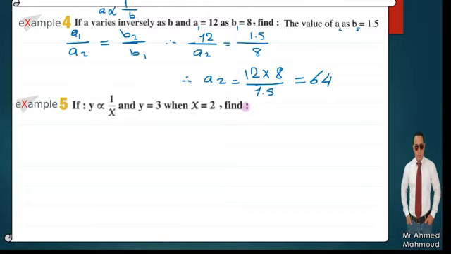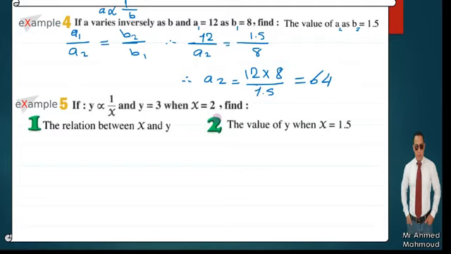Example 5: y varies as 1 over x and y equals 3 when x equals 2. Find number 1, the relation between x and y, and number 2, the value of y at x equals 1.5.